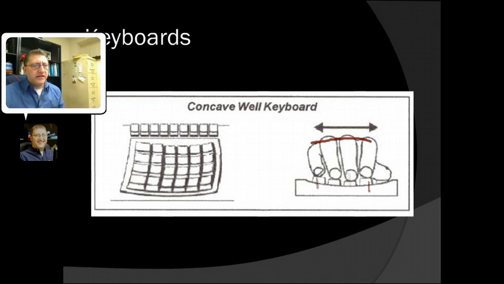You'll also see that the concave, since they're going ahead and altering the shape, they'll sometimes change the distance as well. But in this case, notice the middle keys here kind of look closer than the external keys, the outer keys. And do I have to reach farther? Maybe they're a little higher, but if I'm having to reach farther for them with my pinky, I may not be doing myself any good.